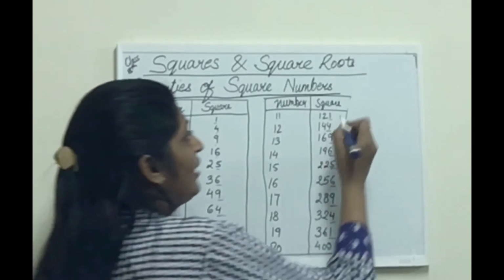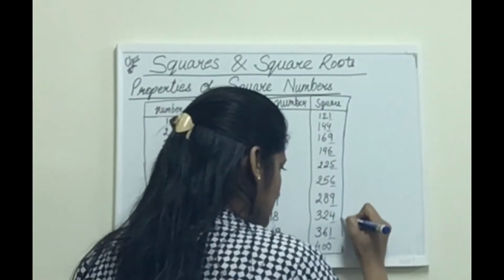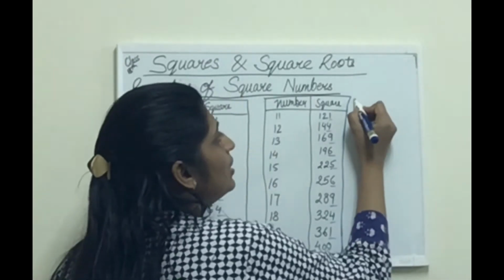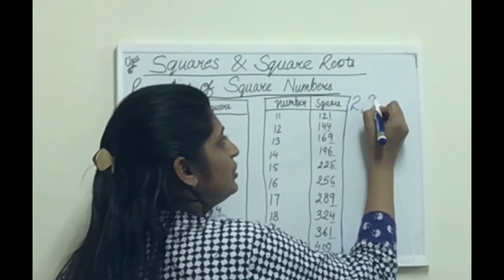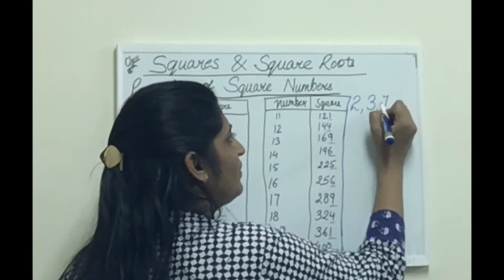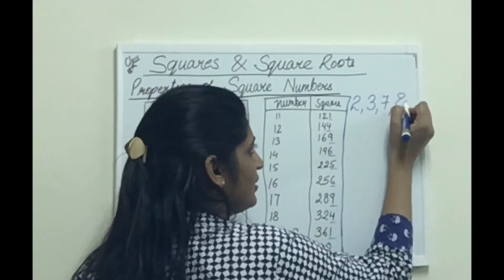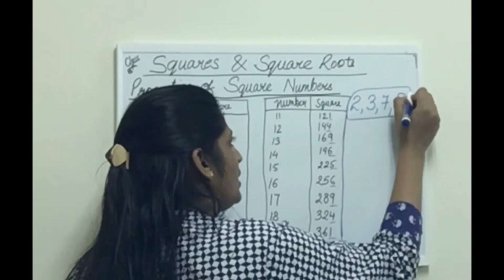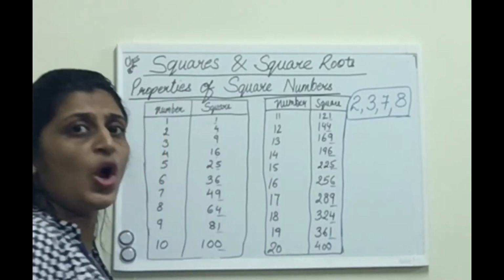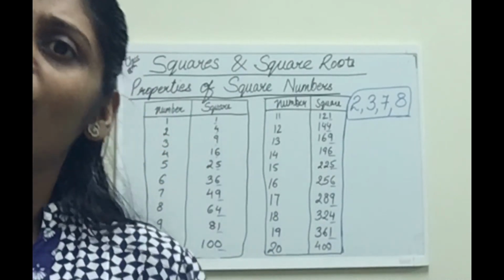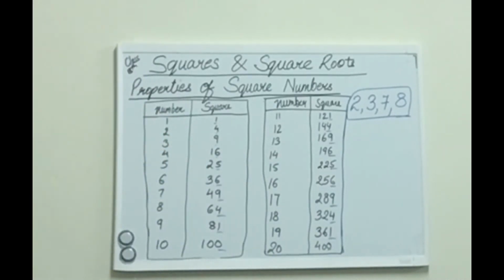Mind it, I have used the words units place. 2, 3, 7 and 8. These are 4 numbers which cannot be at the units digit of perfect squares or square numbers or perfect square numbers.